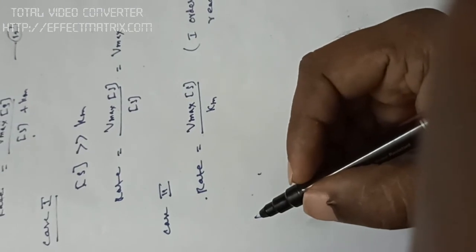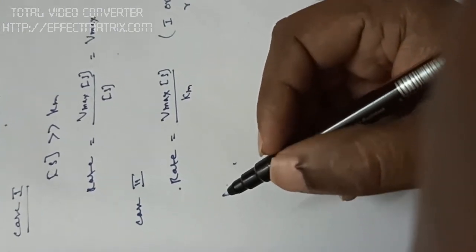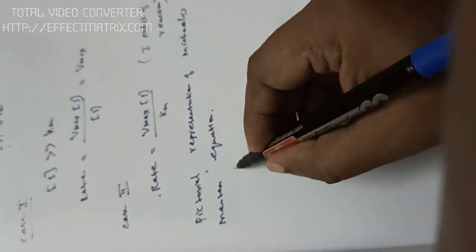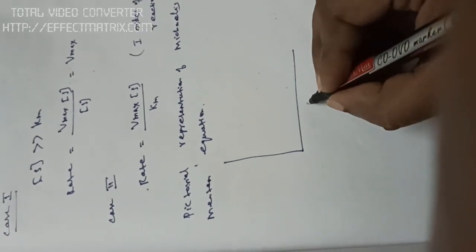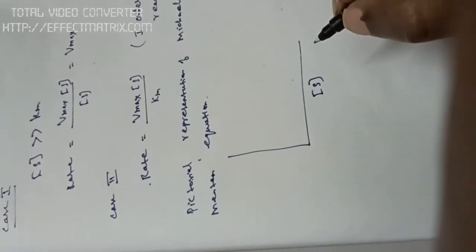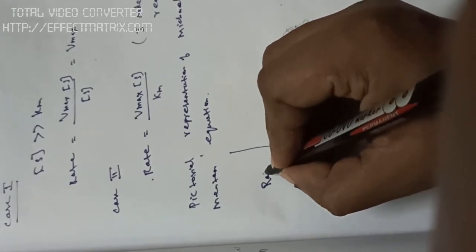The pictorial representation of the Michaelis-Menten equation. We put the concentration of substrate on the x-axis and the rate of the reaction on the y-axis.